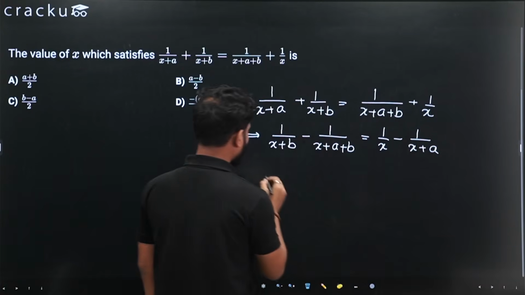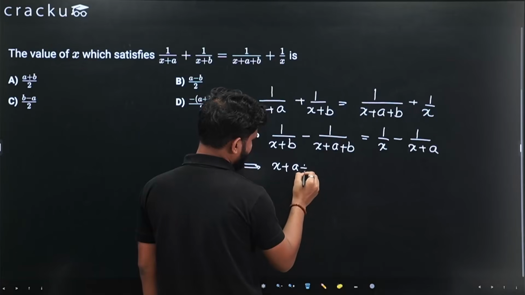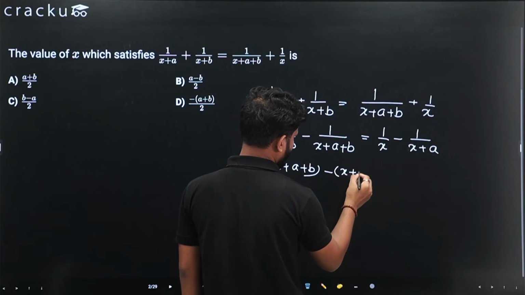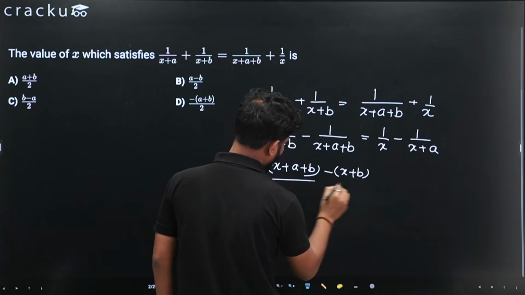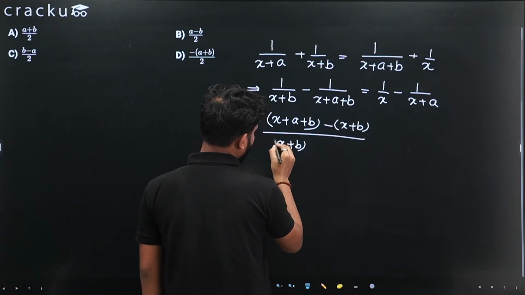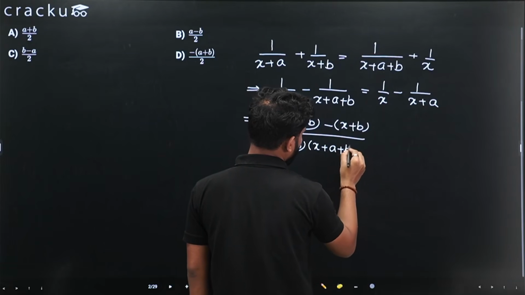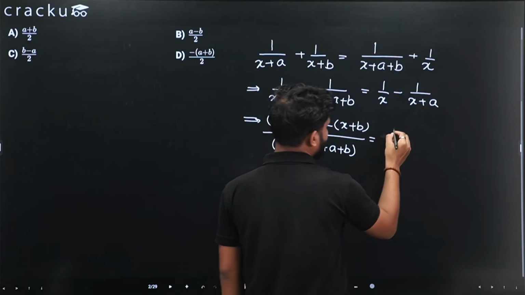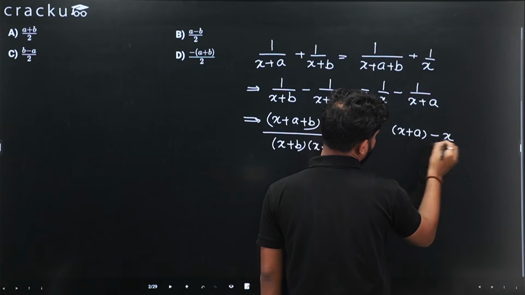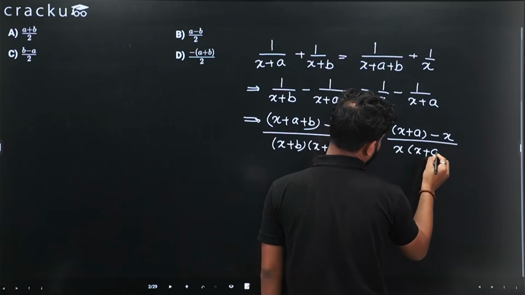From here what I can write? I can write x plus a plus b minus x plus b divided by x plus b into x plus a plus b is equal to x plus a minus x upon x into x plus a.